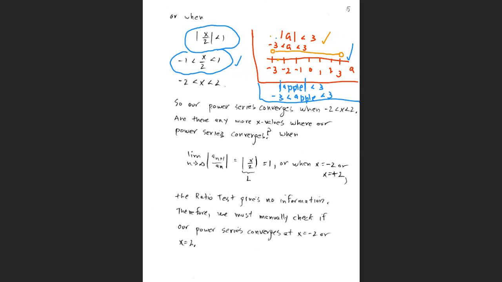So what I have here is the absolute value of x over 2 is less than 1. That means x over 2 is between -1 and 1. Are we okay with that? Are there any questions on that?